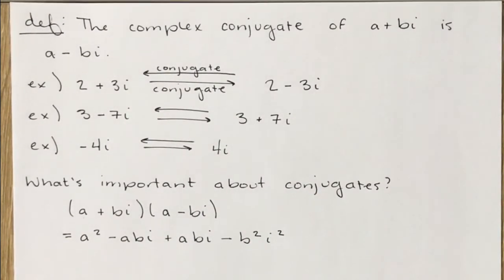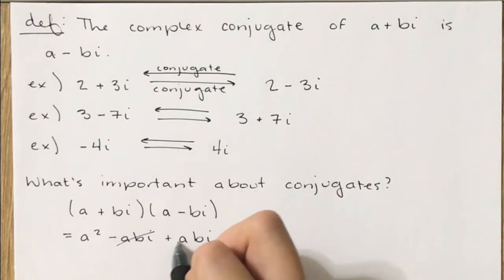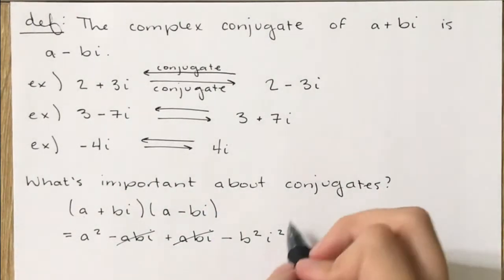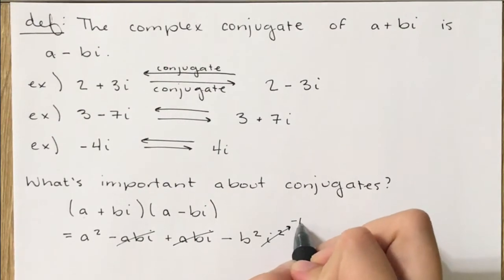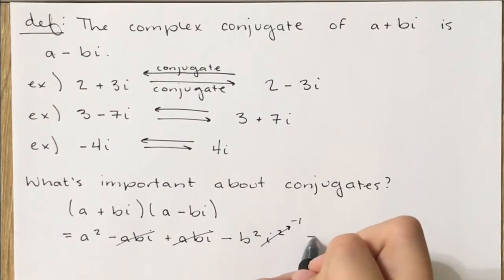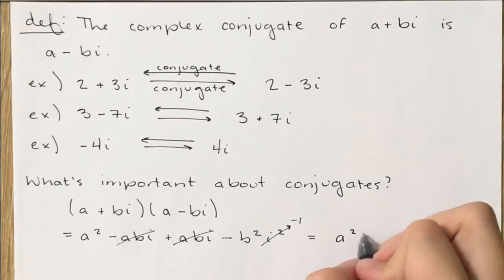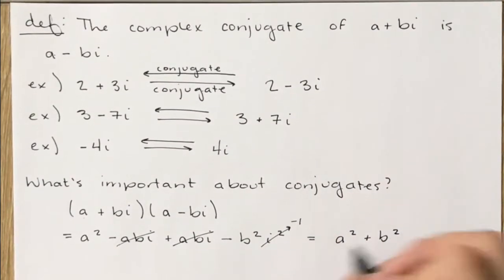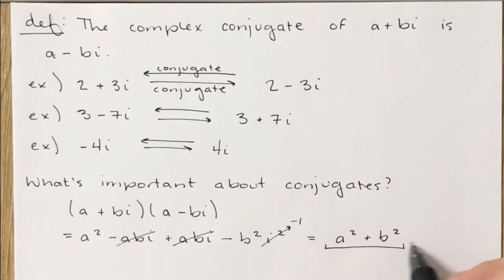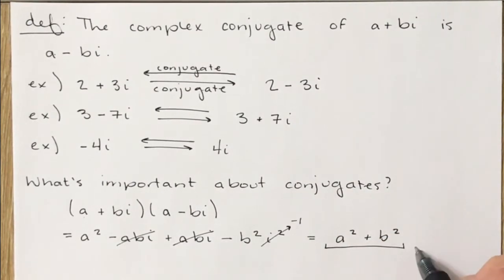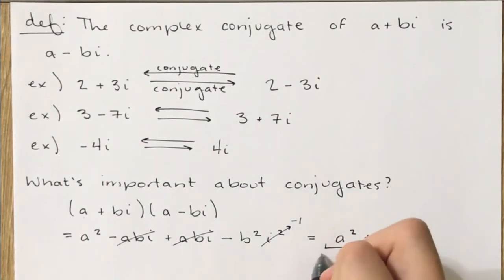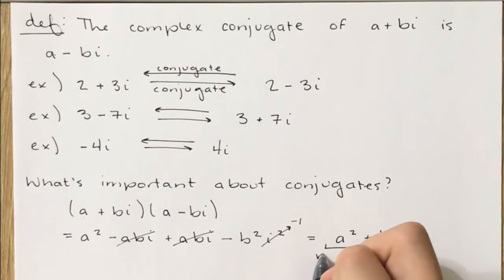If I simplify, I have minus abi and plus abi. When I add these together, they become 0, so this cancels with this. i squared becomes negative 1, so I'm left with a squared minus negative b squared, so plus b squared. What's interesting about this? Are there any i's here? No, there are no i's. So this is a real number.